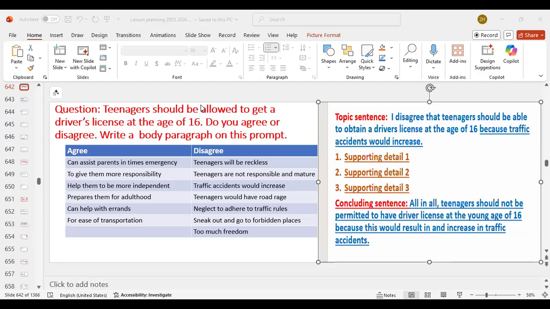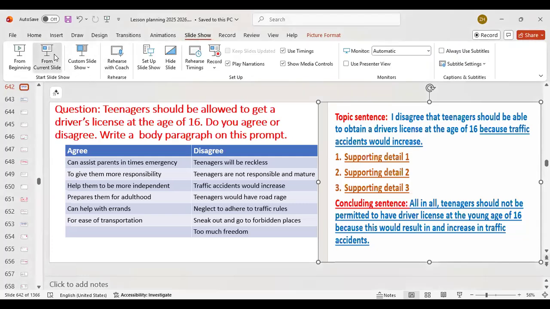So I agree that teenagers should be allowed to get a driver's license at 16. Not that it's a good idea. I know you believe it's a good idea, but you want to say that you agree that they should be allowed to do it. You understand the difference, Carly?